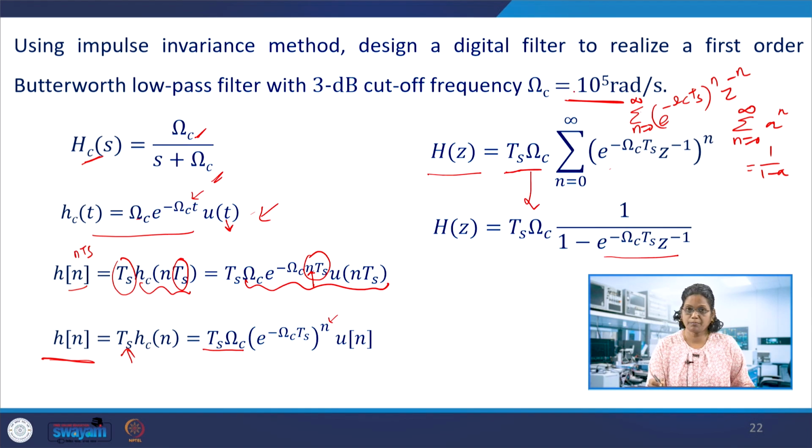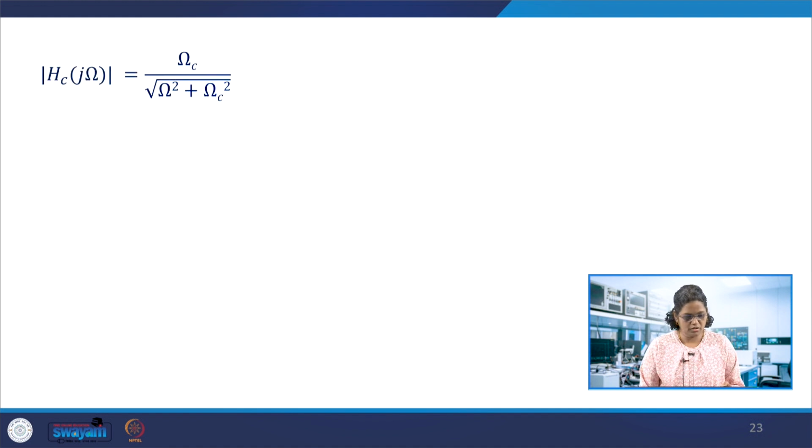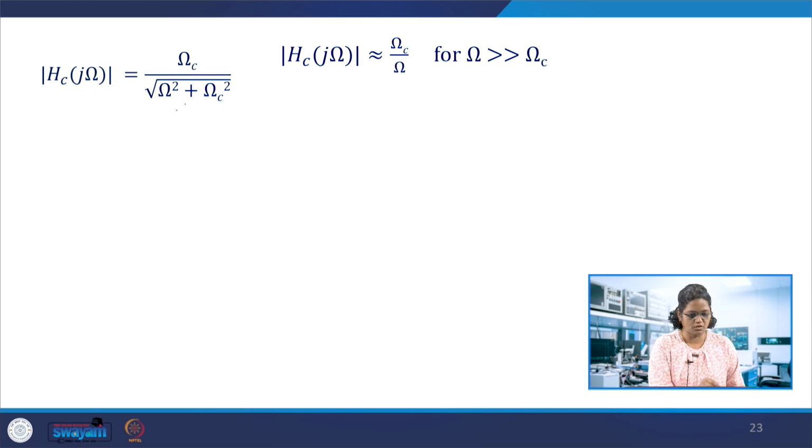Omega c is given. It doesn't specify any sampling frequency here, or the specification itself will give the Ts. So taking this into consideration, we have the magnitude response of the analog filter, omega c over the square root of omega square plus omega c square, substituting s equal to j omega. Considering omega far greater than omega c, this expression reduces to omega c by omega.